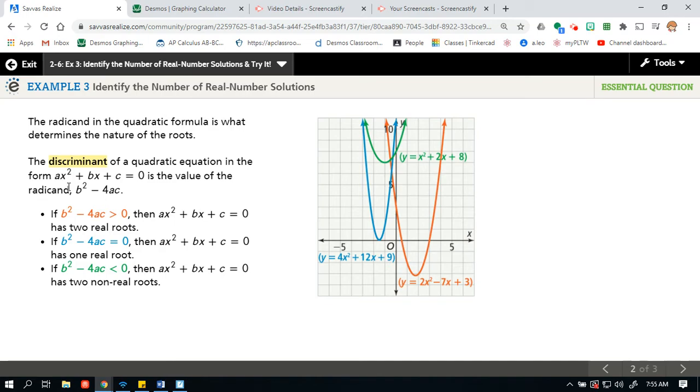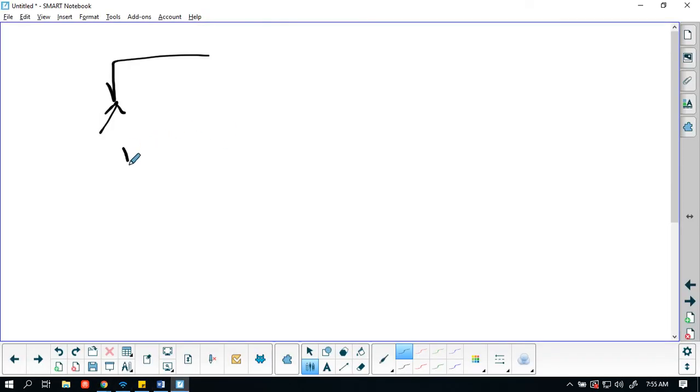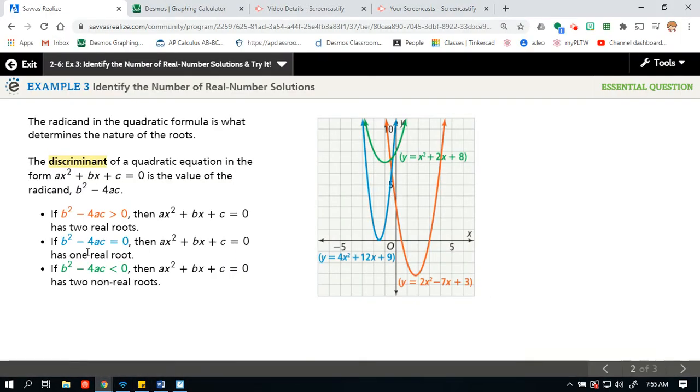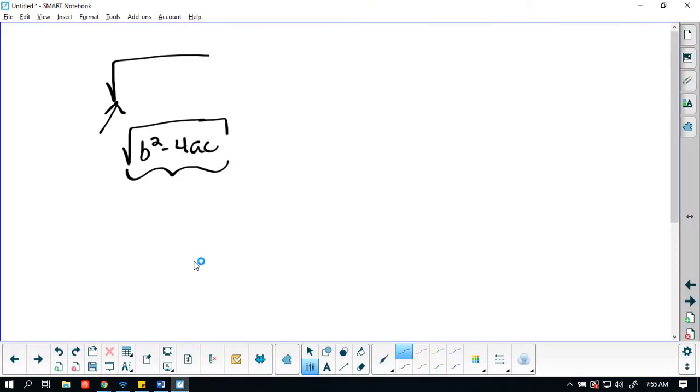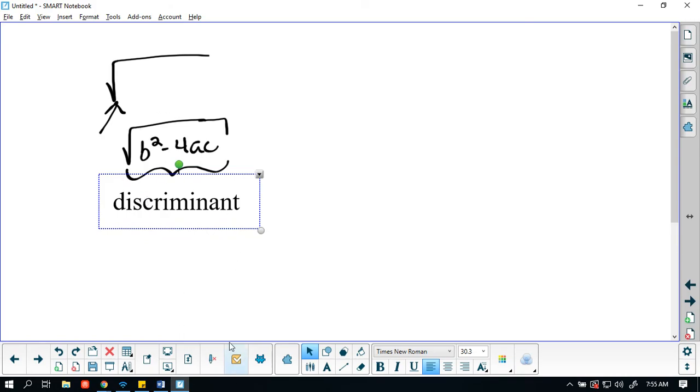So this whole root b squared minus 4ac, this right here is called the discriminant. And this determines if we have 2 real roots, 1 real root, or 2 complex roots.